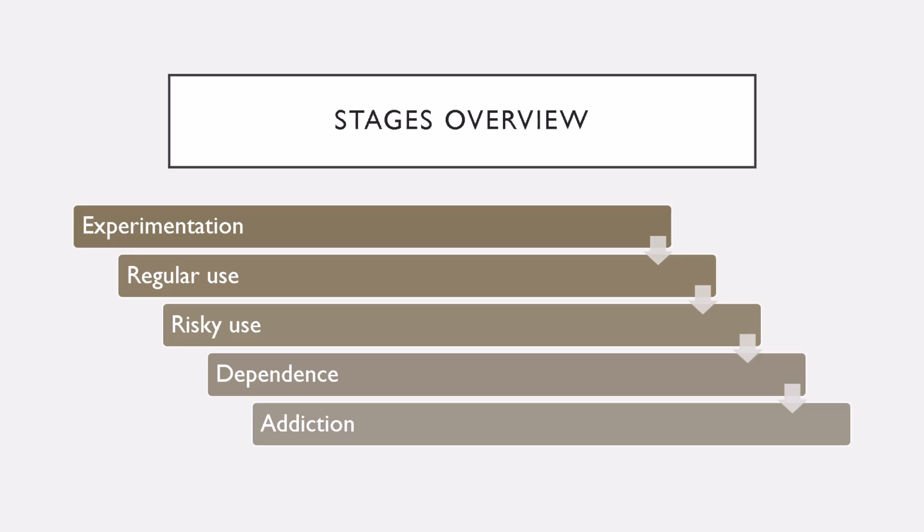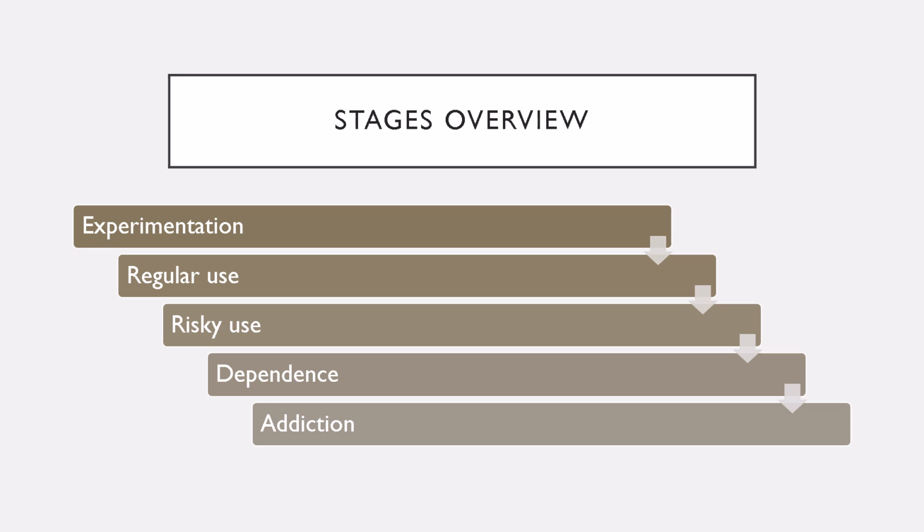And then comes dependence, where we can also call this abusive use, where the body and the brain start to rely on the substance. From the risky use, it's abuse, and then it becomes dependence. And then we can reach addiction, where that use becomes compulsive, and it's very difficult to control.